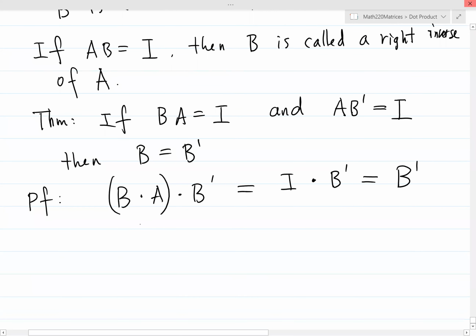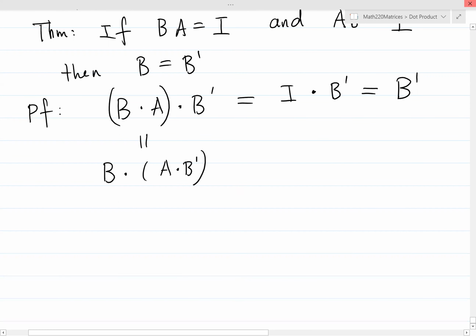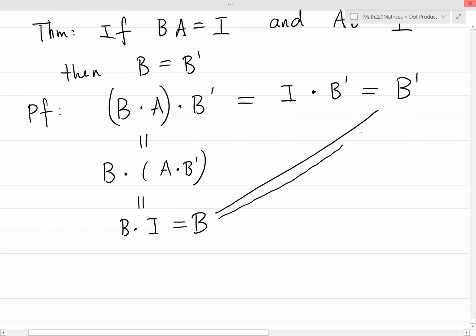On the other hand, we have the associative law for matrix multiplication, so we can write this as B times A B prime, which is B times I, which is B. Finally we get B equals B prime. We compute it in two different ways and get the same thing.